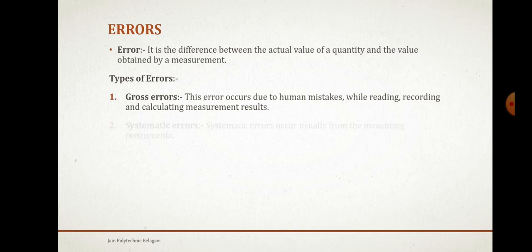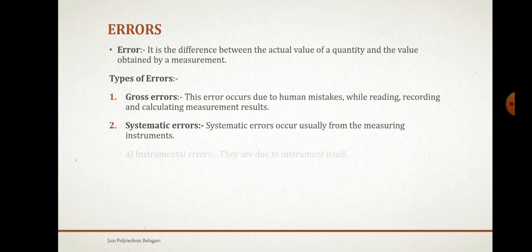The next one, systematic error. So systematic error, what is it? This error occurs due to shortcomings of an instrument, such as defective or worn parts, aging, and effects of the environment on the instrument. So these errors are related to the instruments. In that, there are instrumental errors.